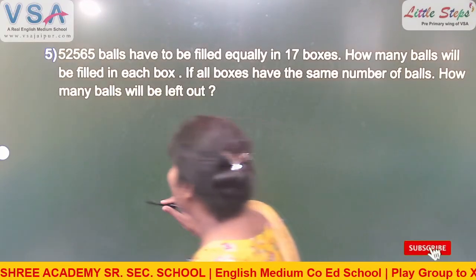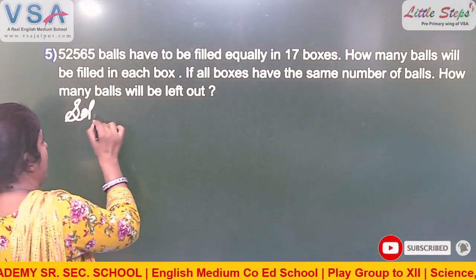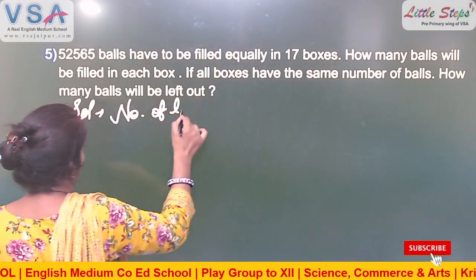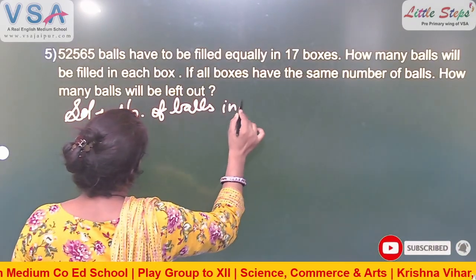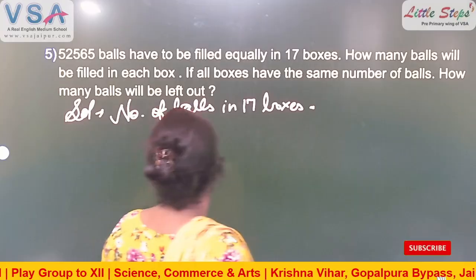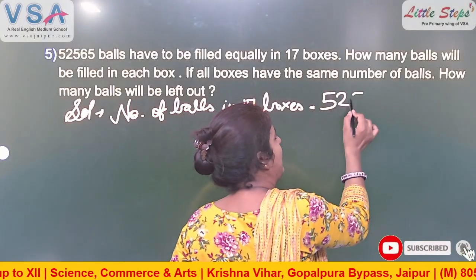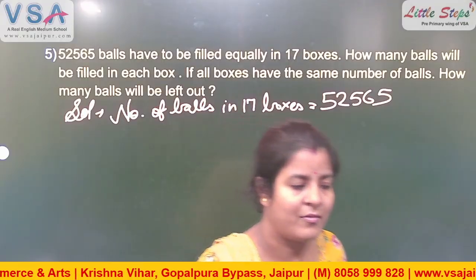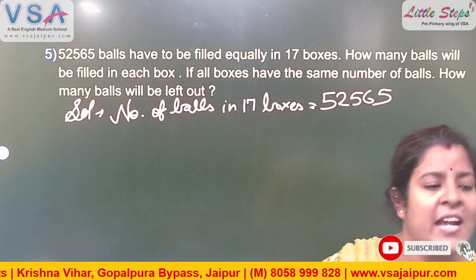Then the first line is number of balls in 17 boxes. How many balls? 52,565. How many balls? 52,000.